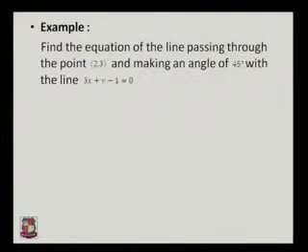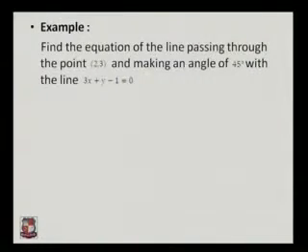Okay, so now we have the point x1 y1 is equal to 2 3, and the slope of the required line is minus 1 upon 2 or 2, two possibilities. So if we need to find the equation, we will get two equations using these two slopes.